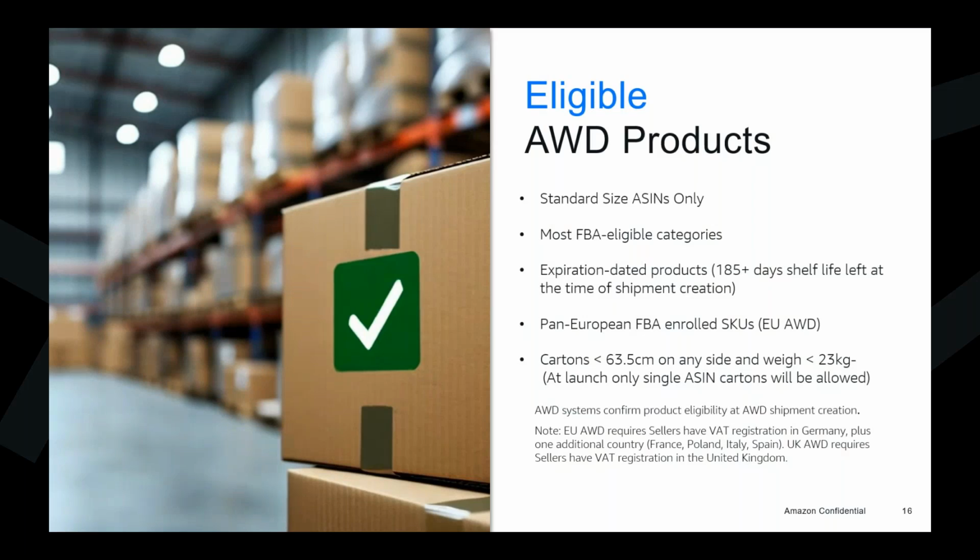Even expiration date products will be allowed if they have a shelf life of 185 days. At the moment, we are only allowing pan-EU FBA enrolled SKUs. This is for the AWD in the EU only. It doesn't affect the UK one.